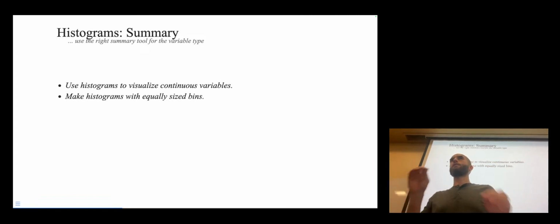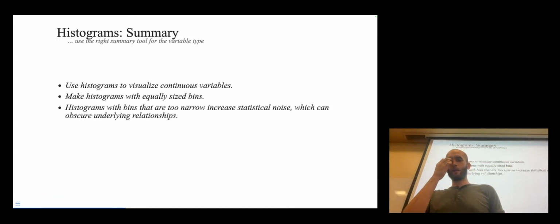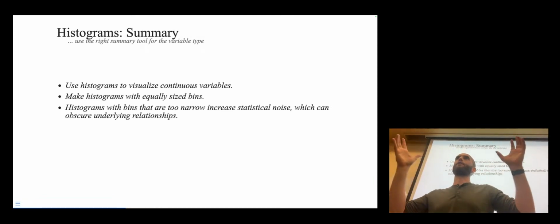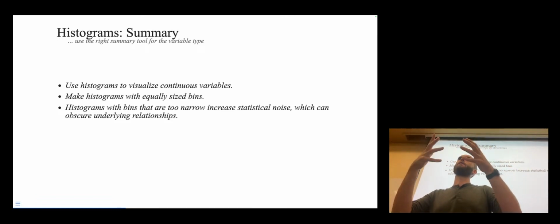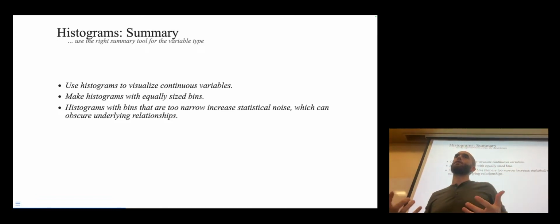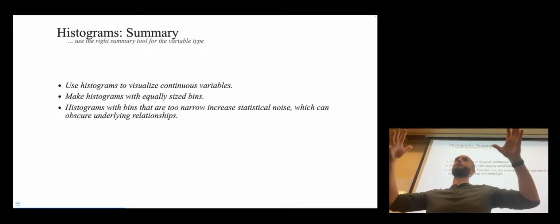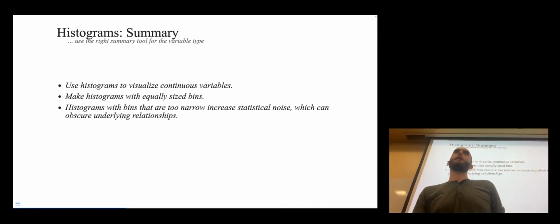We don't want different sized bins. And then we want the bins to trade off precision and statistical noise. So we want to reduce as much of the statistical noise as we can while giving us a lot of detail about the distribution itself so that we can see things like skewness.